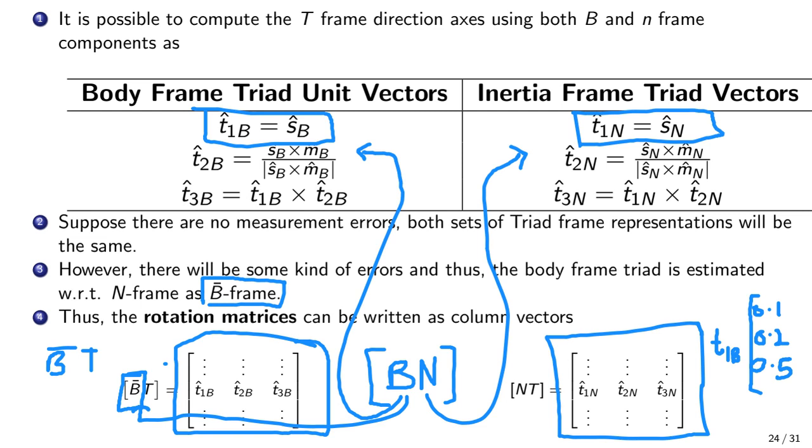So that's what I mean by a column vector, which will be other values like that. By the time you put them together, you create this bar T matrix. Same thing with your NT. You're going to see it better when we deal with an example.